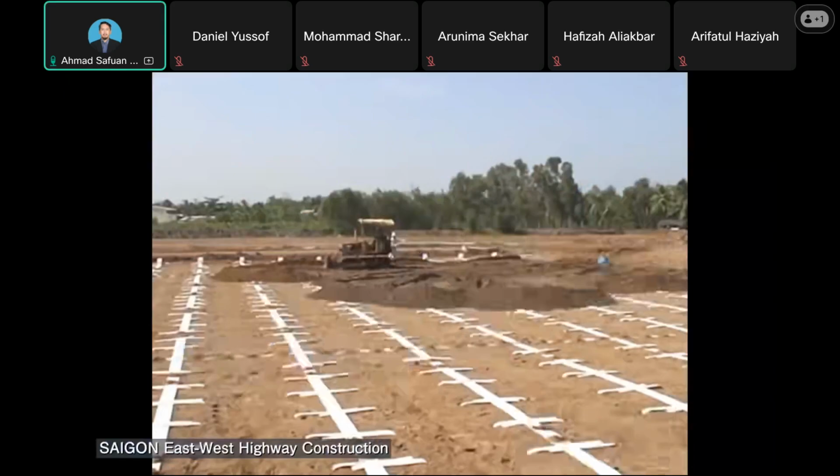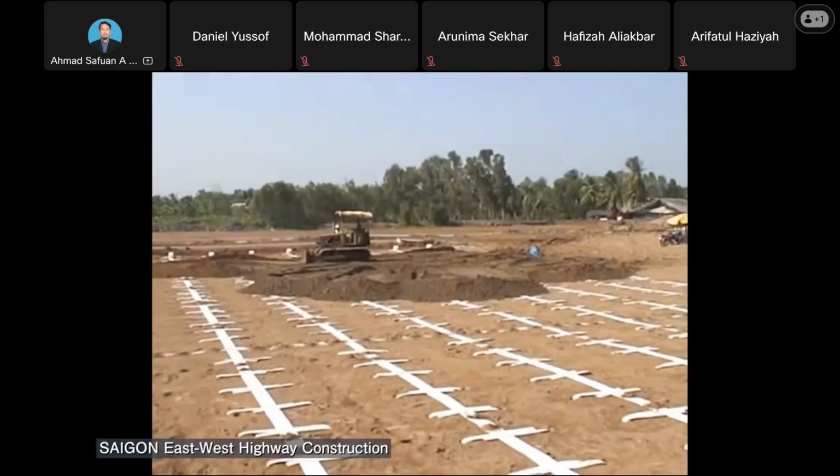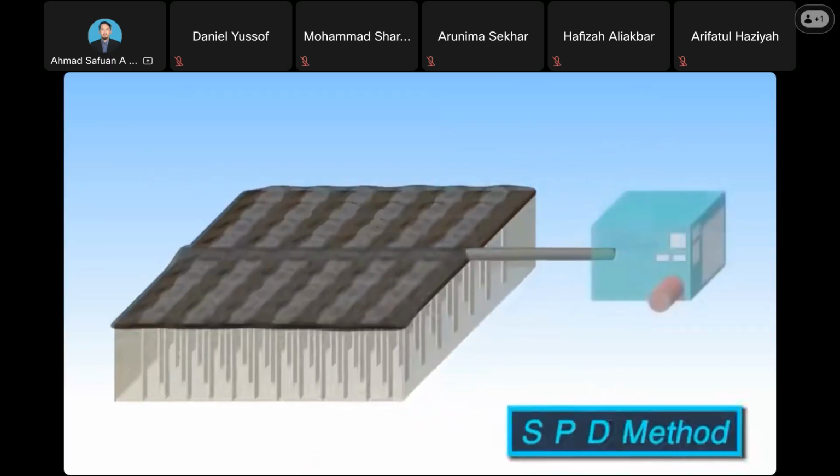This is the implement and the compressor, horizontal drain. This is vacuum preloading.